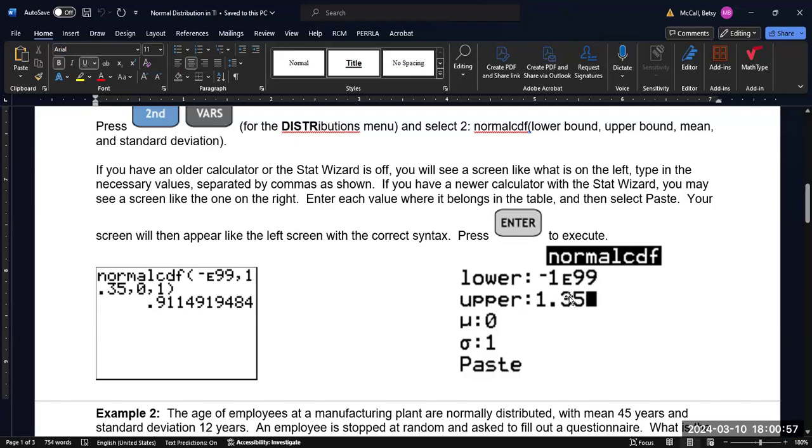Again, the z-score in this example, since we're calculating less than that, would be the upper bound. And then the default, if you leave these out in the old version of the calculator, will be 0 and 1, but they will appear on the screen here so that you can confirm that is in fact what you want. When you hit paste, this command is going to show up on your screen, and then hit enter.